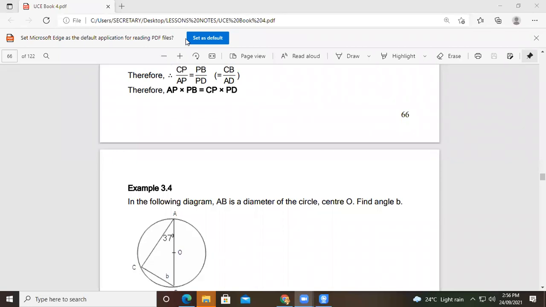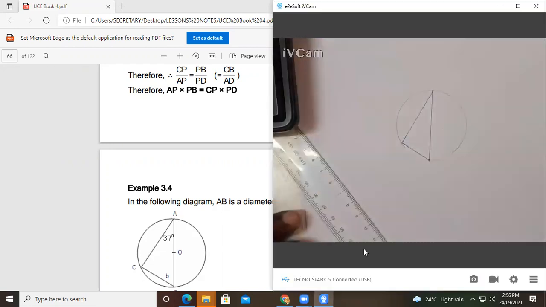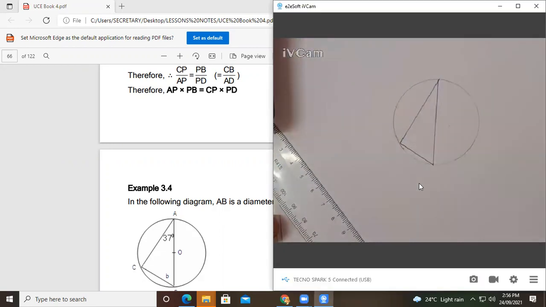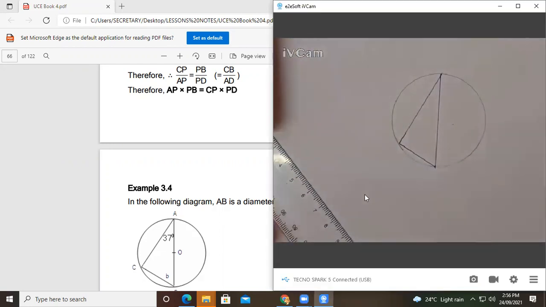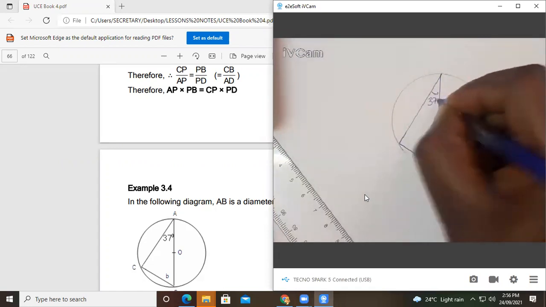Okay, good. So let us see, how do we get this answer? Maybe this is very interesting and this is a walkover. So this is 37.